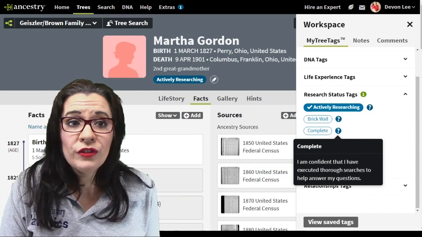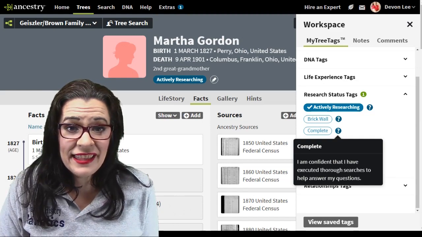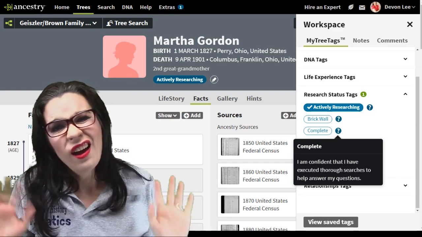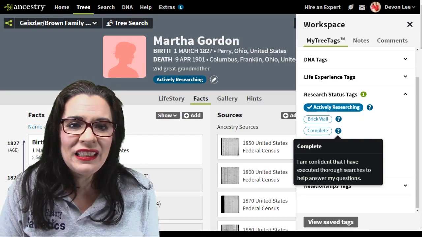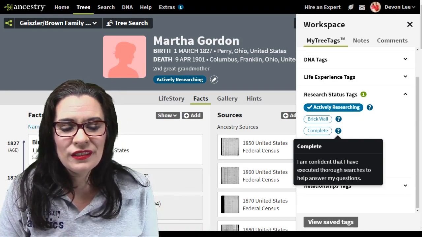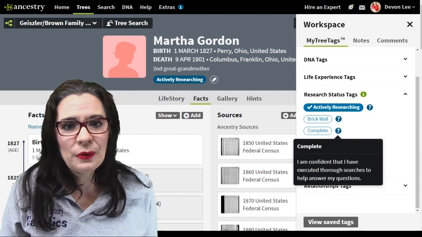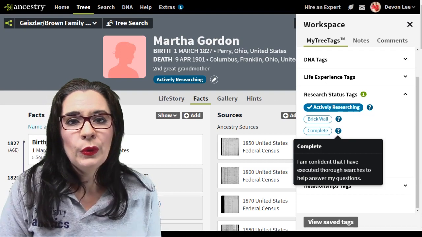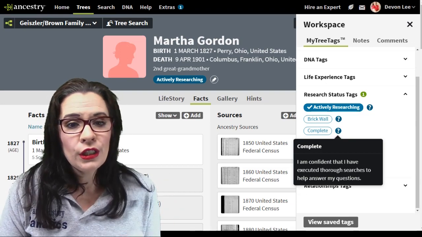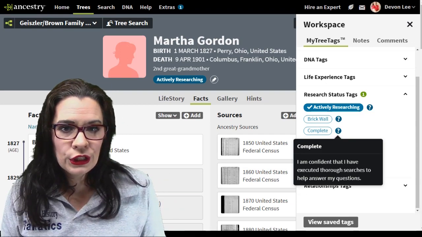Now, other people who have taught about how to use MyTreeTags say that complete to them means I don't want to research them anymore. Well, wouldn't that really be inactively researching? Meaning, I really don't care about this line. I'm kind of ignoring this line. So we need to use the terms as they're intended in the tree.